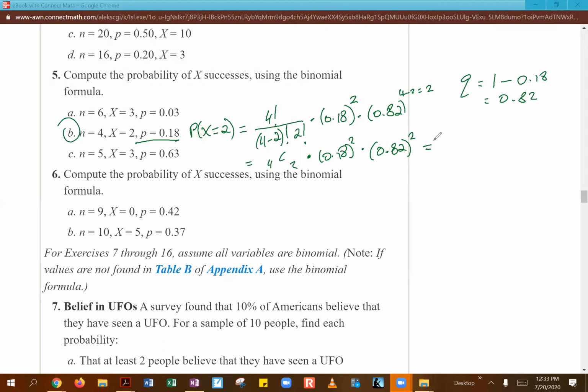And then remember, your rounding rule is 3 decimal places if you don't have a bunch of zeros in the beginning. So once you have that answer, let me know.